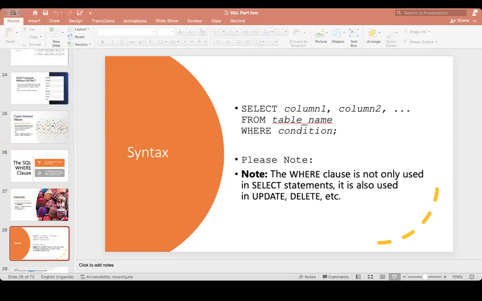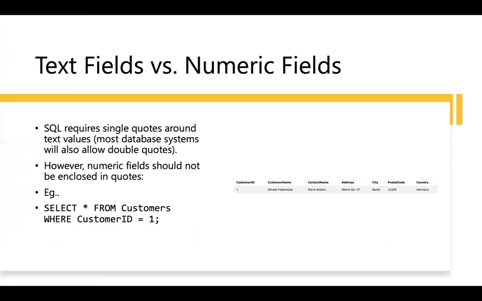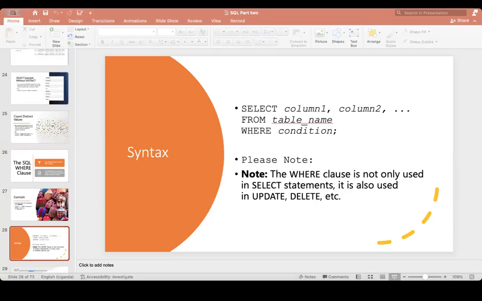We have what we call text fields versus numeric fields. In SQL, we usually put single quotes around text values, whereas numeric fields are not supposed to be in quotes, you get.